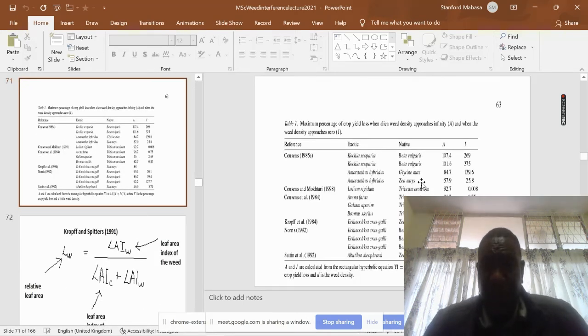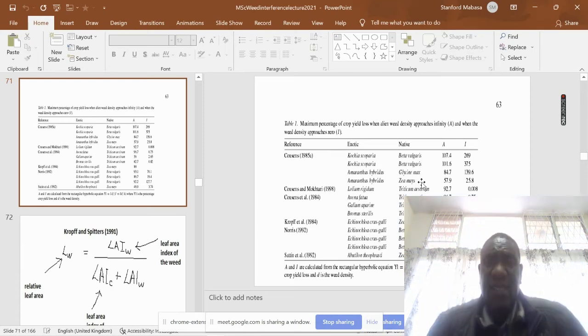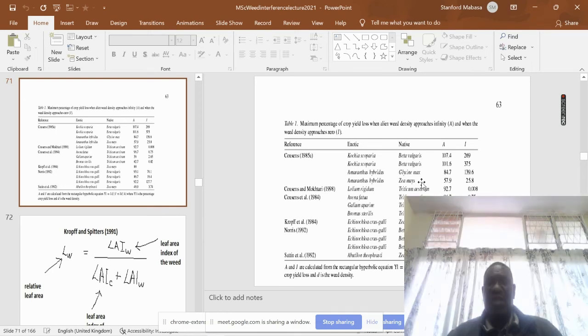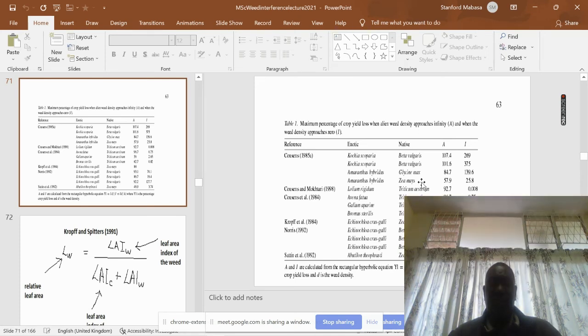Here I've got a table of data pulled across various studies which were done using the same approach, varying weed density across various crops. And you can see the authors who did these experiments. These are the crops. These are the weeds which were studied, and we have A and I values.